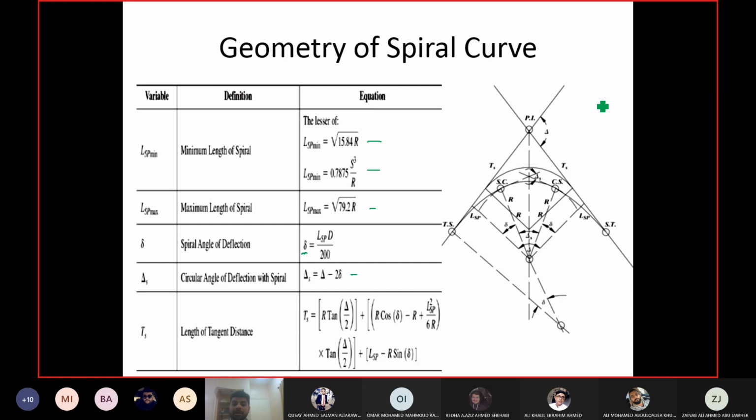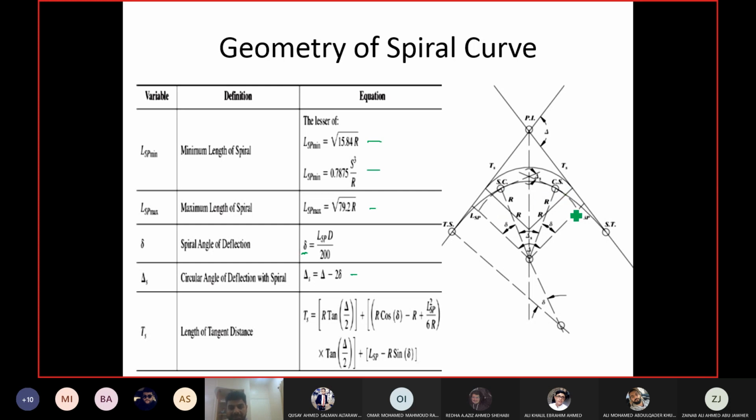So if a spiral transition curve is not provided, then the angle of the horizontal curve is equal to capital delta. But if a spiral curve is provided, then the horizontal curve is not starting at the tangent. The horizontal curve is starting here, and it is ending here, so it is not meeting the tangent.